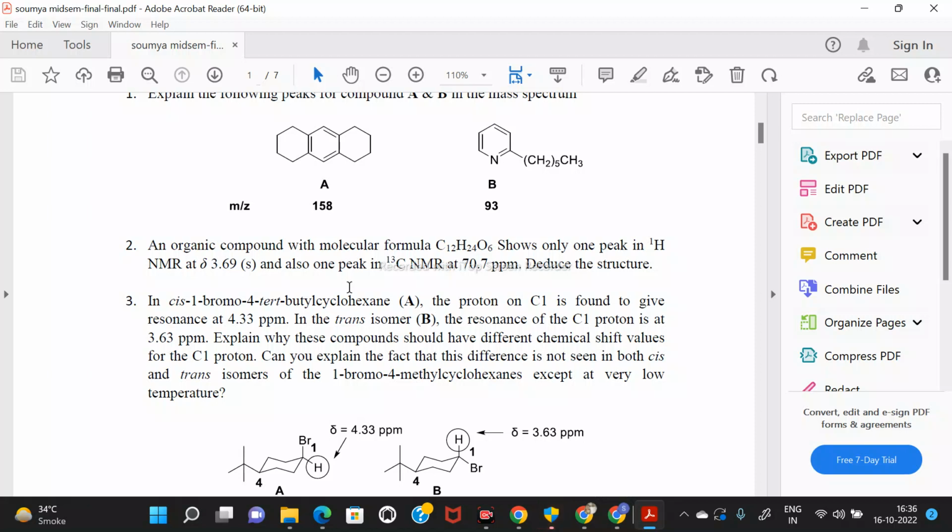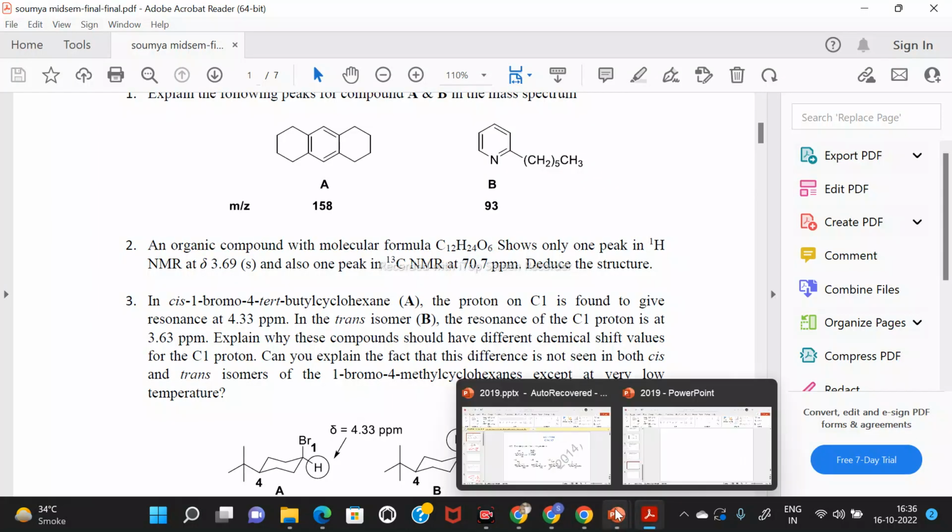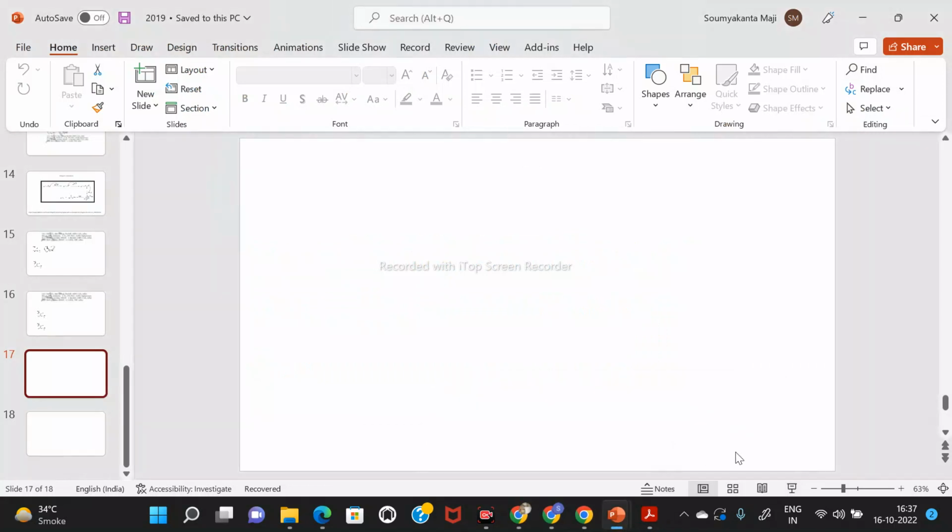So let's calculate the double bond equivalent, DBE. Let's say CnHm. Double bond equivalent would be n plus 1 minus m by 2.